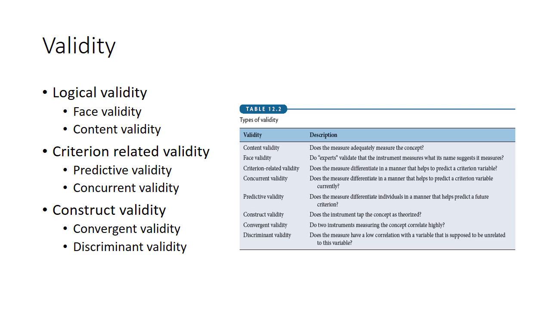So questions and measures are the keywords. Face validity: do experts validate that the instrument measures what its name suggests it measures? You get this face validity from the English teacher, the one who has a good command over the language. So what happens in your RP1 and RP2?